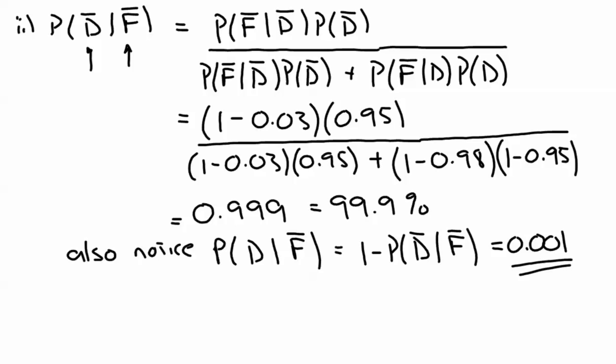The probability it's defective if it passes the test is 0.1%. So it's only a tenth of a percent likely that it's a truly defective part if it passes the test. That's good news for your customers. All right.